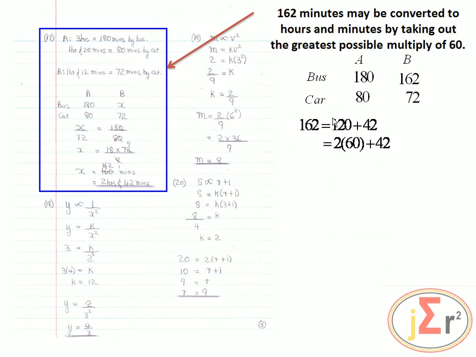So we take out 120 from 162, the result is 42. So that is what we have. The time is therefore 2 hours and 42 minutes.